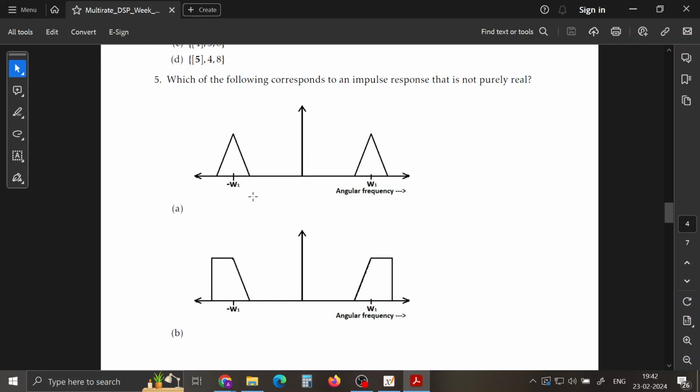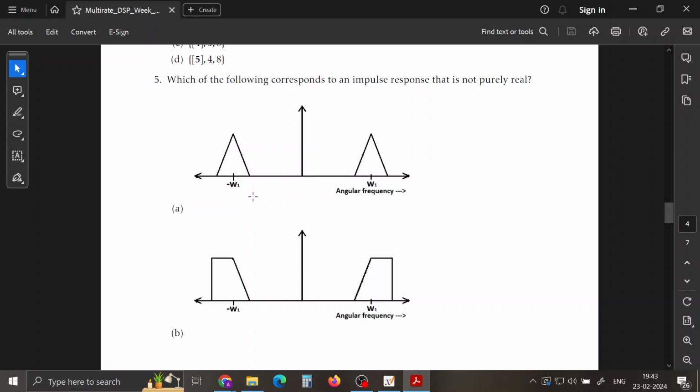One is on the positive side centered at W1, and the other is on the negative side, symmetrically opposite to the one on the positive side. It's centered at minus W1, so it's symmetric about the vertical axis. That means its impulse response is purely real. So option A is not the right answer.